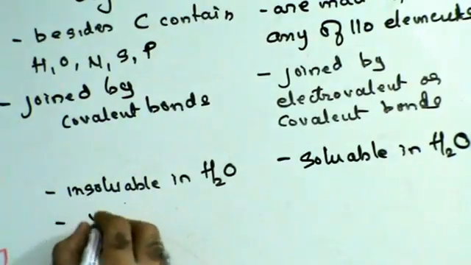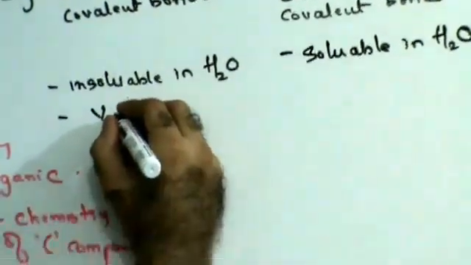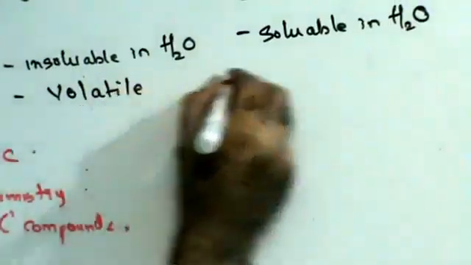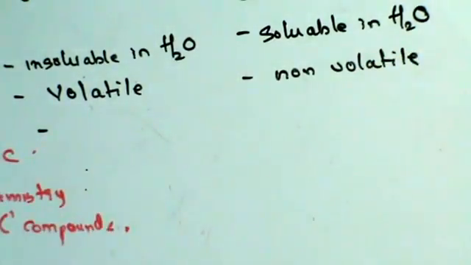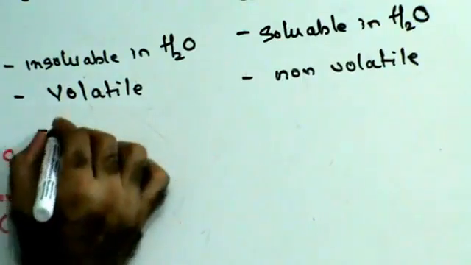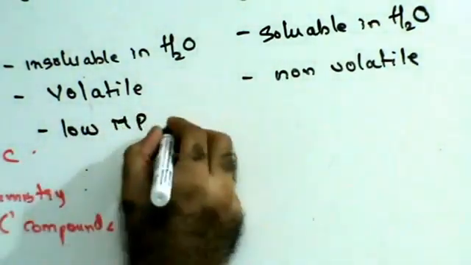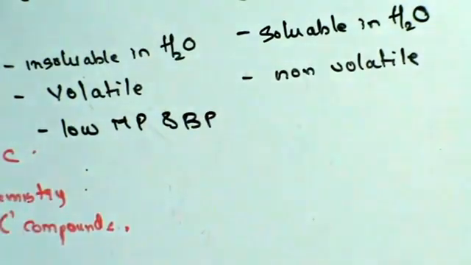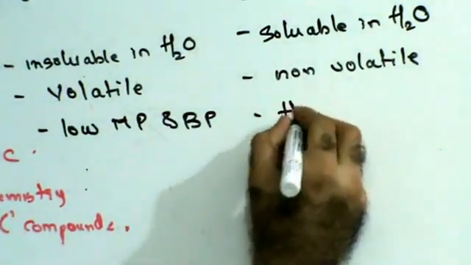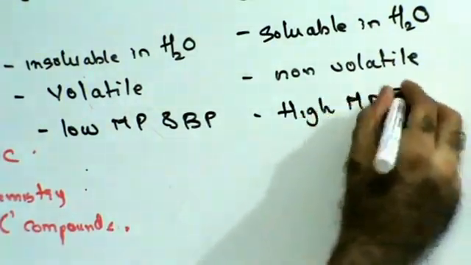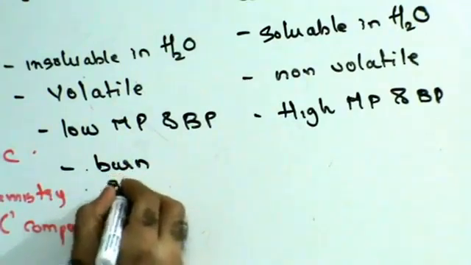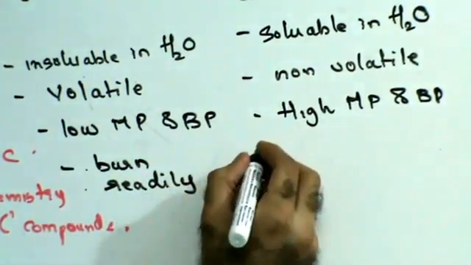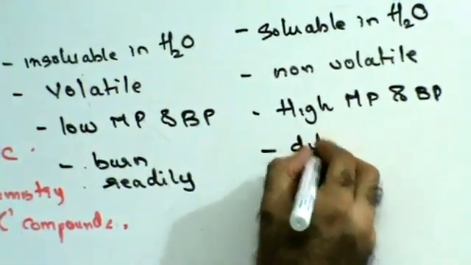These are volatile, that means they easily react with air at room temperature also. So they are volatile, these are non-volatile. They have relatively low melting point and boiling point. They have high melting point and boiling point. These burn readily, right? They are difficult to burn.